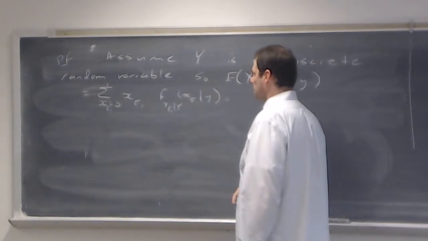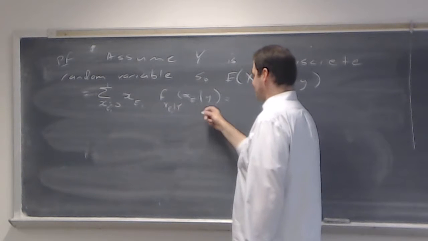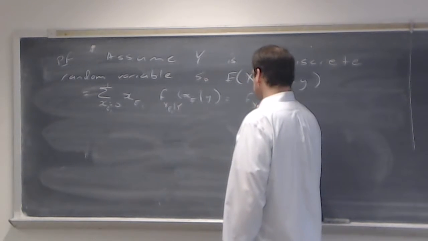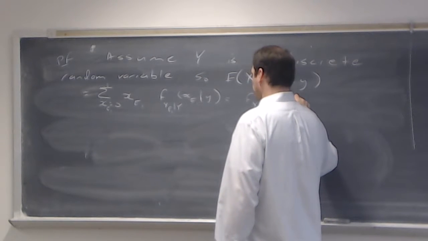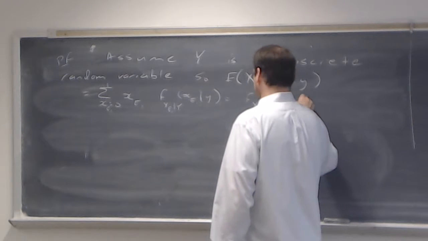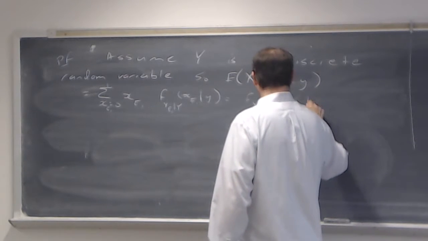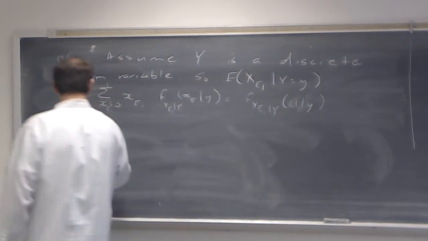Of course, when X of E sub 1 is 0, we get 0. So this is just equal to the conditional PMF of X of E sub 1 given Y, evaluated at 1.